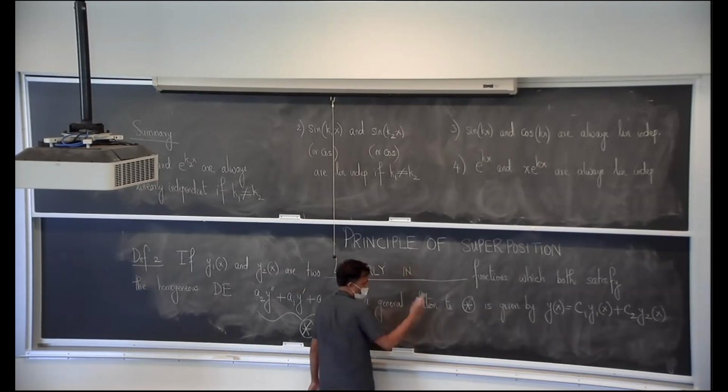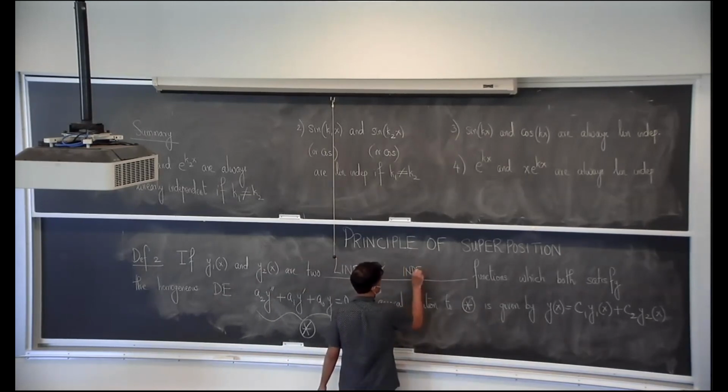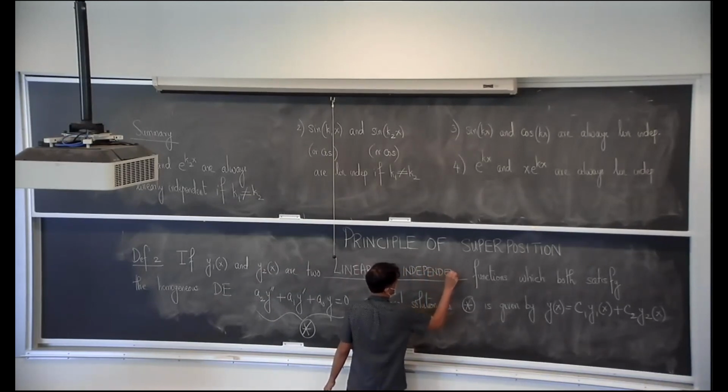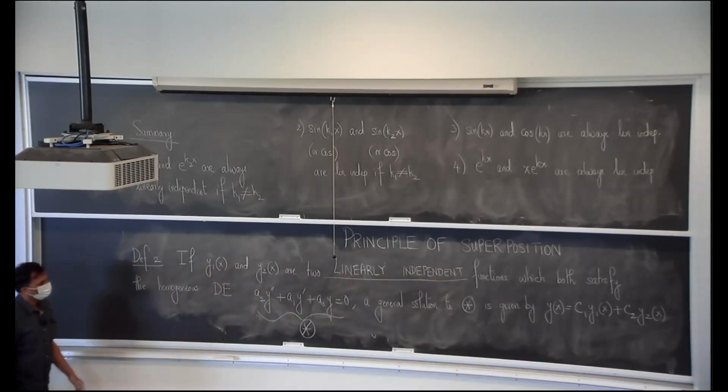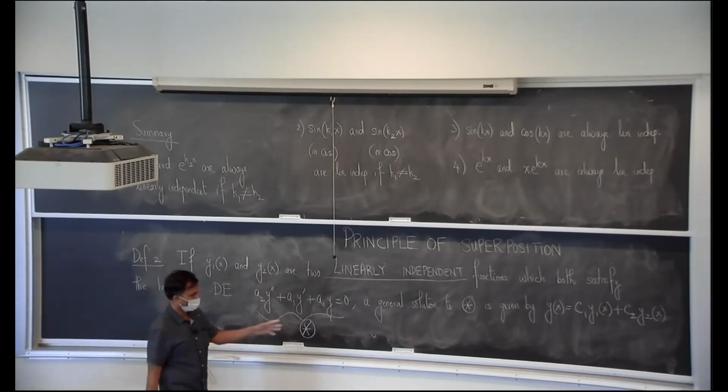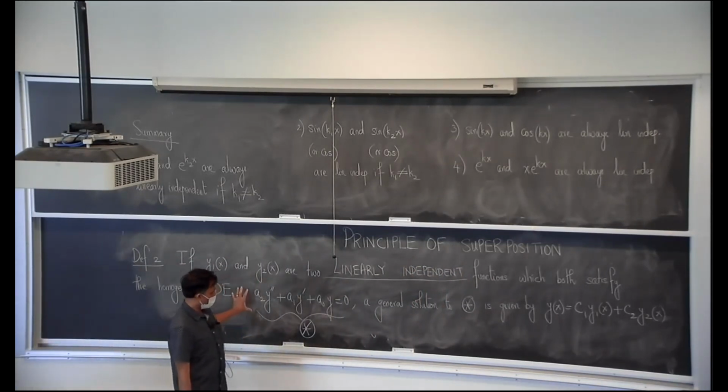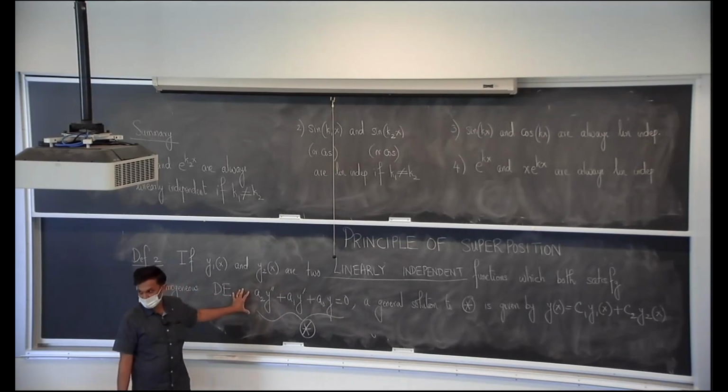You don't want to count the same function twice, thrice, and so on. There should be two linearly independent functions. Then if you just start multiplying each of those functions by some numbers, you just keep on generating an infinite number of solutions. That is going to happen for all homogeneous second order differential equations.